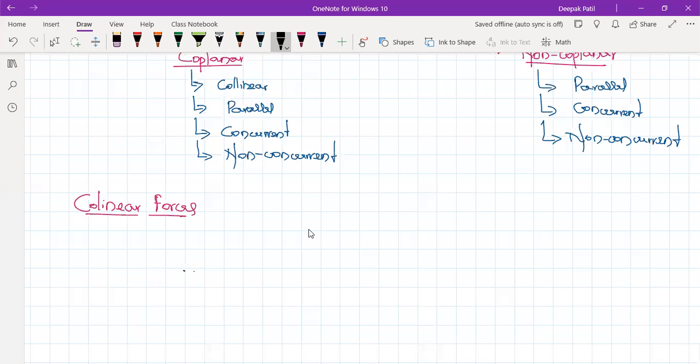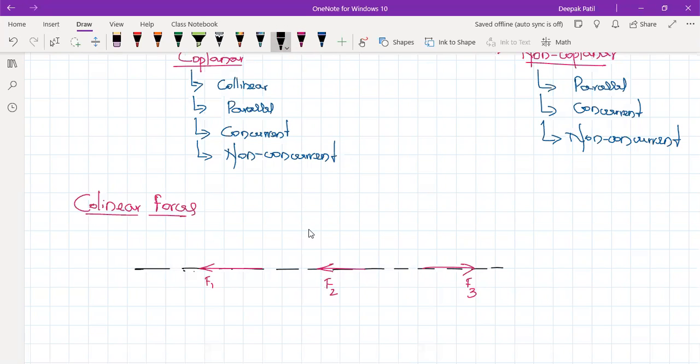Let us say I draw one dotted line here. Let me mark some forces on this dotted line. I will mark the first force, say F1, another force, say F2, and another force, say F3.